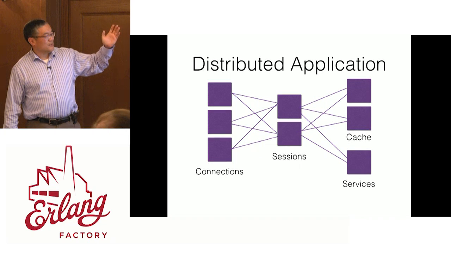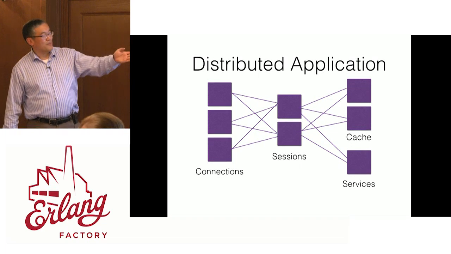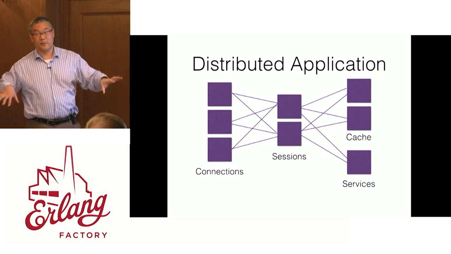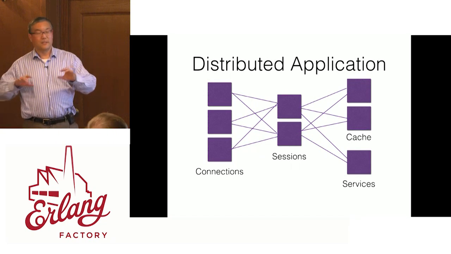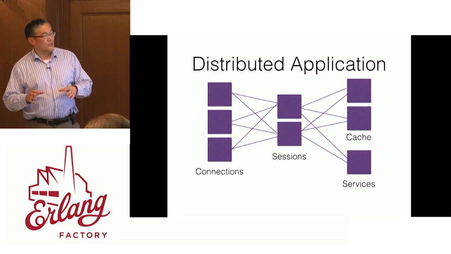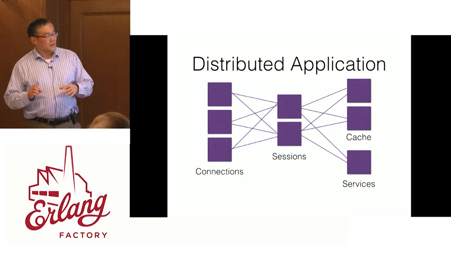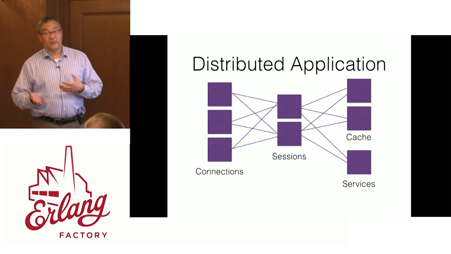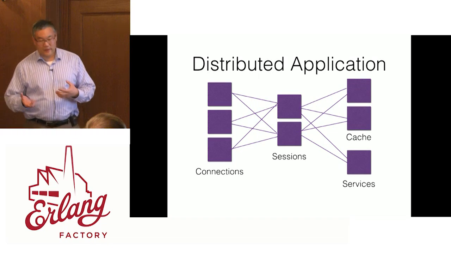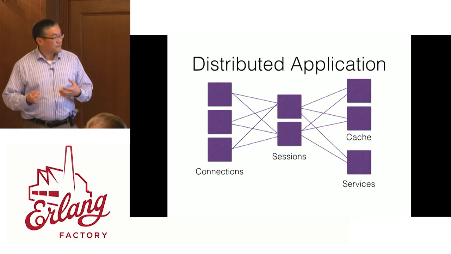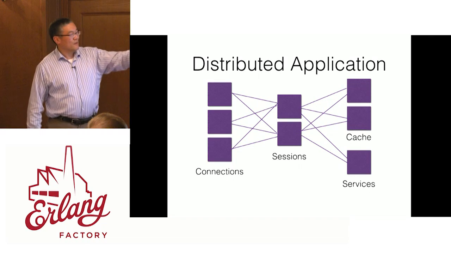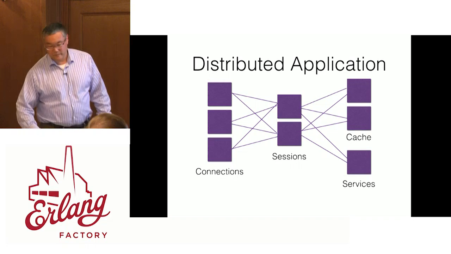Maybe you've got some connection handlers, something that manages state, a cache, and other services, all running in different nodes, in order to have better load balancing, to spread the load out, or to have some redundancy in case of failure. So we can see how you would have a separate repo for each of these different pieces.